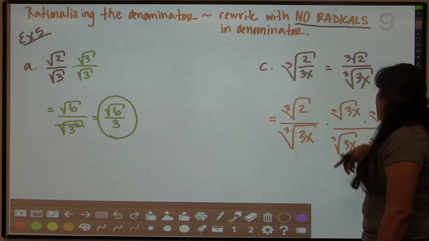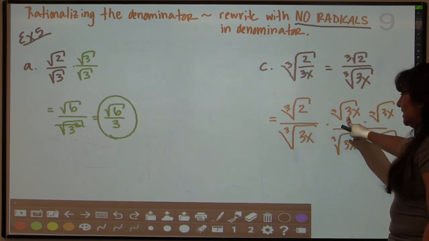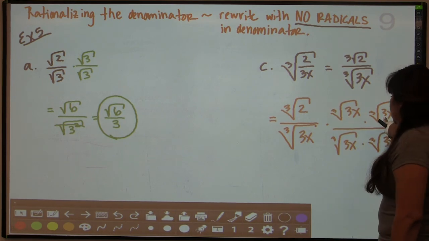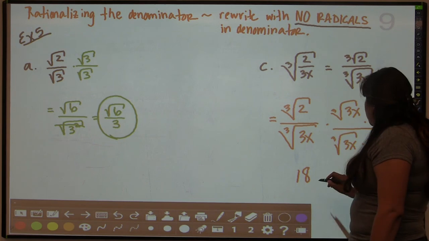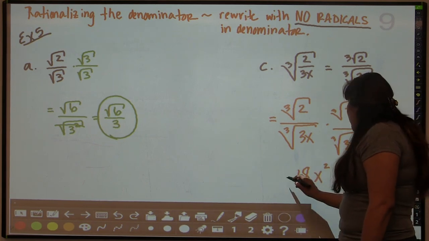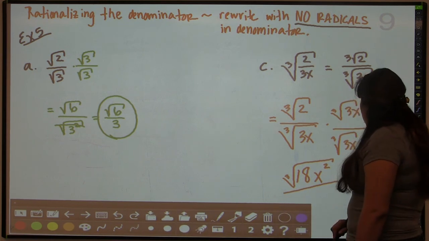So now that also affects the top, because now I'm going 2 times 3, which is 6, and 6 times 3, which is 18. And then I'm going to have x times x, which is x squared. So I actually have the cubed root of 18x squared on the top.